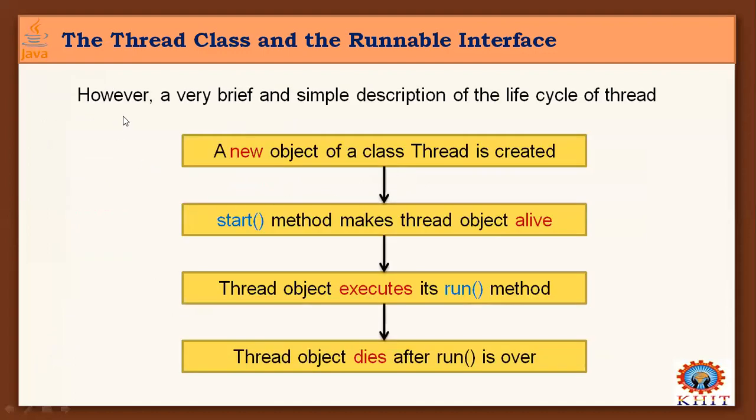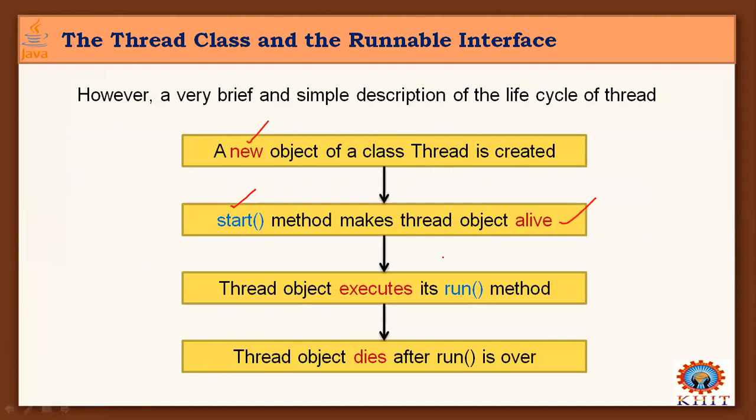However, here is a very brief and simple description of the life cycle of a thread. The first state is new. A new object of the class Thread is created. That is the first step. After the thread is created, we should use the start method, which makes the thread object alive.